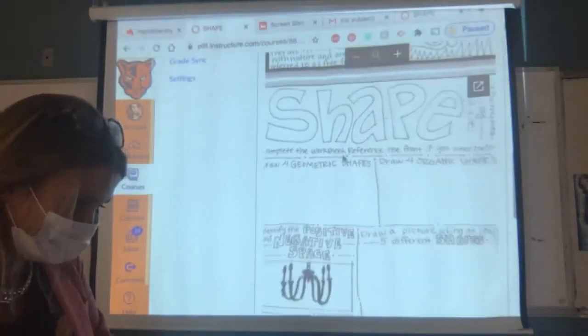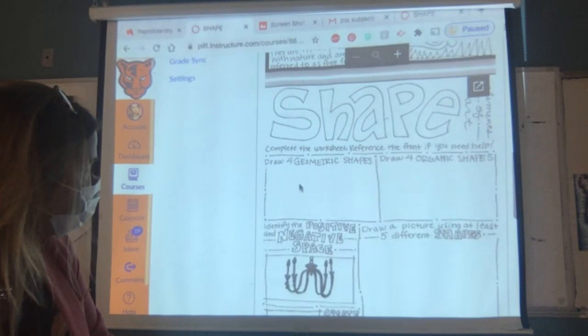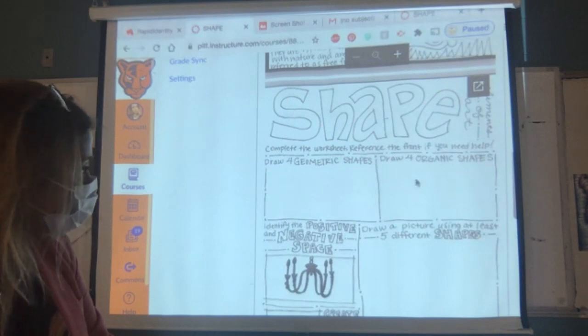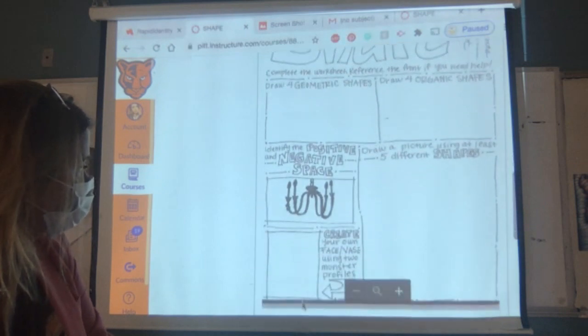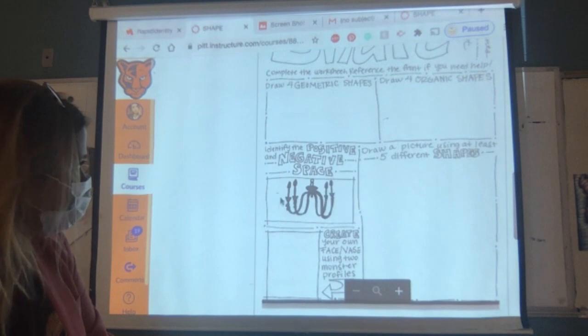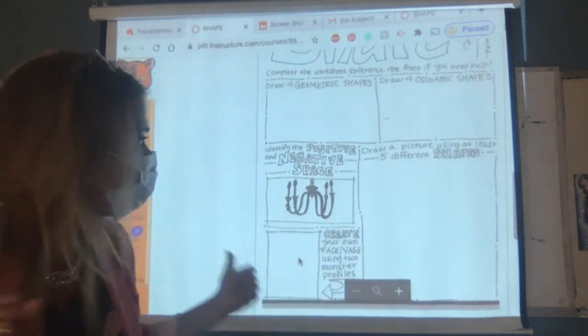This is what you're doing also. In addition to writing all that information in your sketchbook up above, you are going to draw 4 geometric shapes. You're going to draw 4 organic shapes. You're going to identify the positive and the negative space in some sort of design. You are going to create your own face, vase, maybe using a monster profile or something.